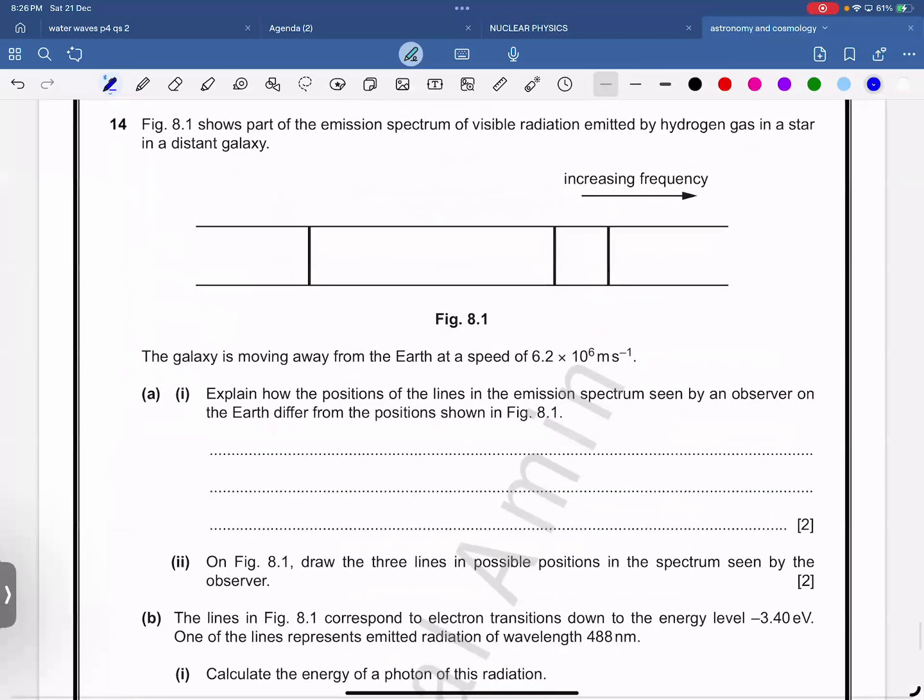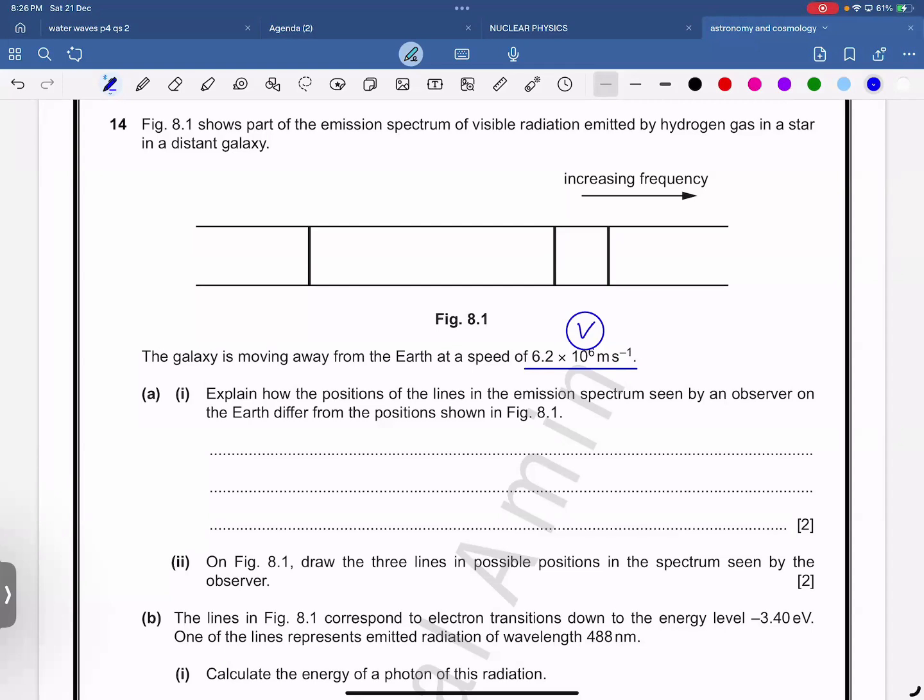Last question says that figure 8.1 shows the part of the emission spectrum of a visible radiation emitted by hydrogen gas in a star in a distant galaxy. So increasing frequency is right side. The galaxy is moving away from Earth at this speed. This is speed of recession of galaxy. How do the positions of the lines of the emission spectrum seen by an observer on the Earth differ from this?